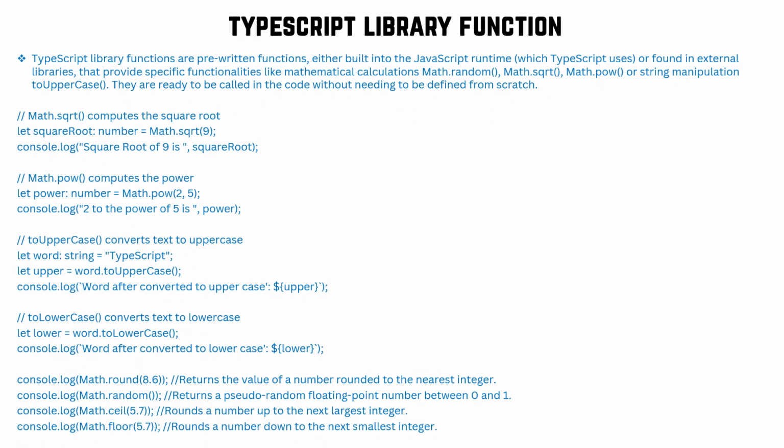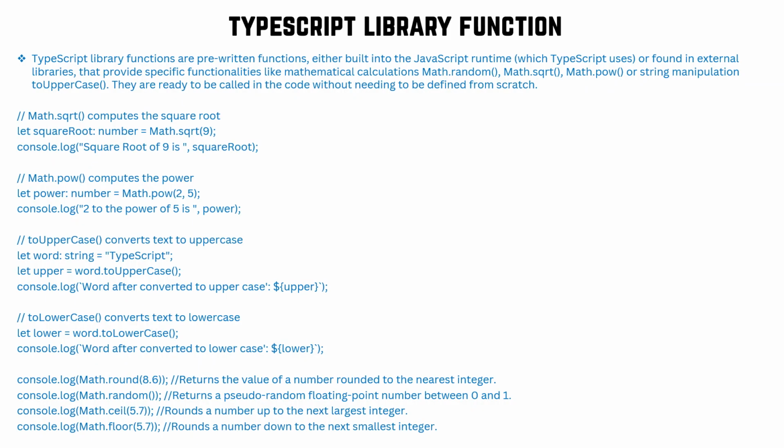TypeScript library functions are pre-written functions, either built into the JavaScript runtime, which TypeScript uses by default, or found in external libraries that provide specific functionalities, like mathematical calculations such as Math.random, Math.sqrt, Math.pow, or string manipulation like toUpperCase and toLowerCase.